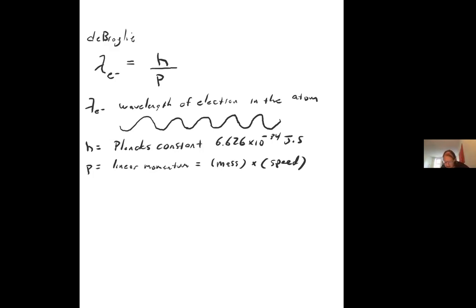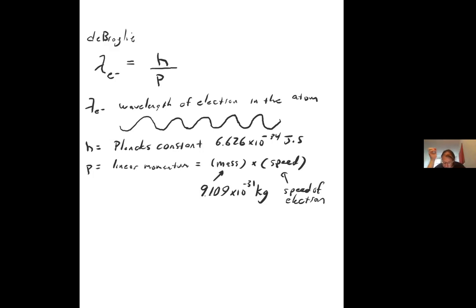So this would be the mass of the electron. The electron has a mass of 9.109 times 10 to the minus 31 kilograms. Make sure you use the MKS system, kilograms. And then the speed, whatever that speed is. So this is the speed of the electron. It turns out that other particles also have a de Broglie wavelength.